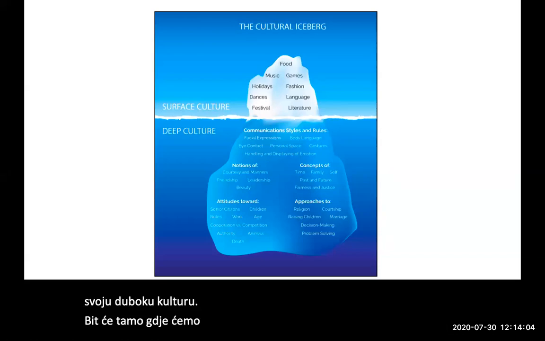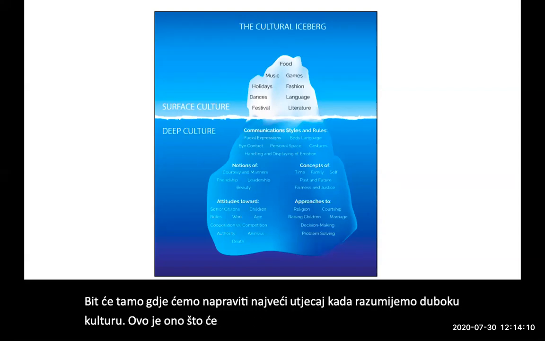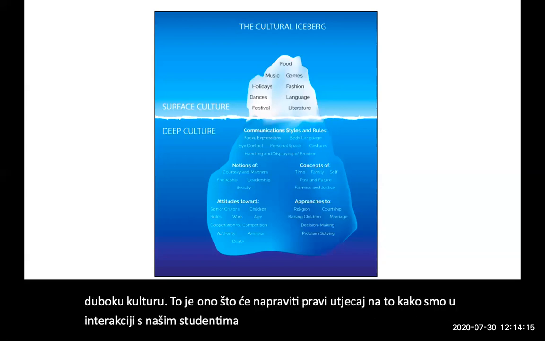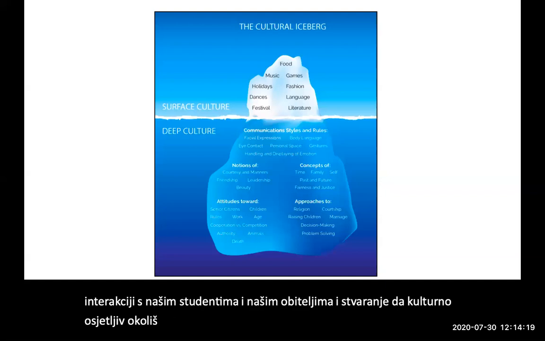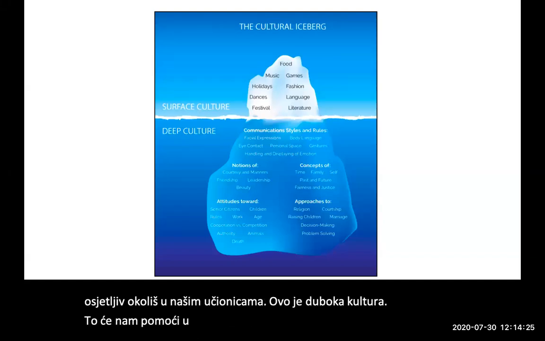When we understand deep culture, this is what's going to make a true impact on how we interact with our students and our families, and creating that culturally responsive environment in our classrooms. The deep culture is going to help us interact better with our students and our families.